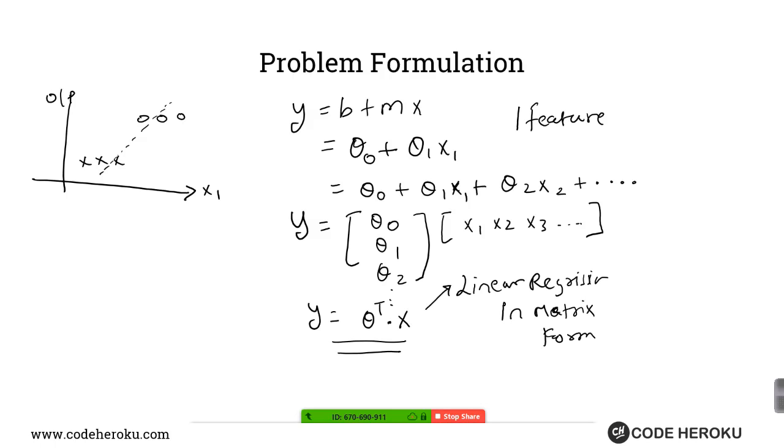So Nitesh says the 0 shouldn't be there, right? So which 0 are we talking about? Theta 0. Okay, so why do you think theta 0 shouldn't be there over here? So you mean this should be theta 0 plus theta 1 x1 plus theta 2 x2 and so on.